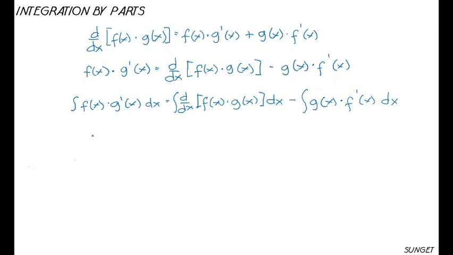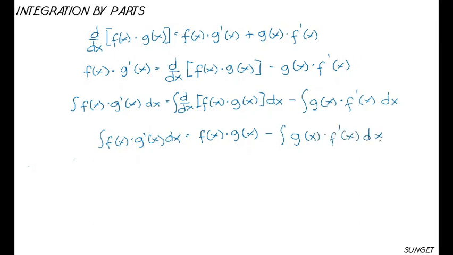Then, integral of f of x times g prime of x dx equal to f of x times g of x minus integral of g of x times f prime of x dx. So this is called the formula for integration by parts.